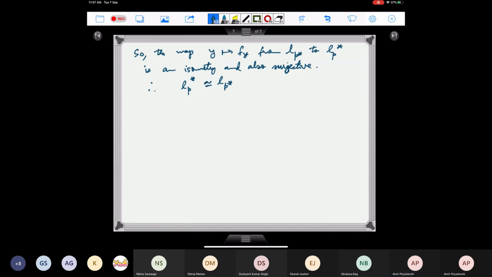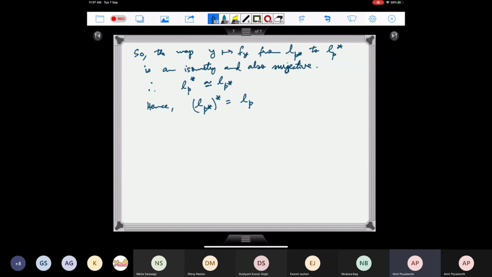So this was for any p between 1 and infinity. The dual of LP is LP star, and hence what is the dual of LP star? This will be equal to LP because the conjugate exponent of P star is P.